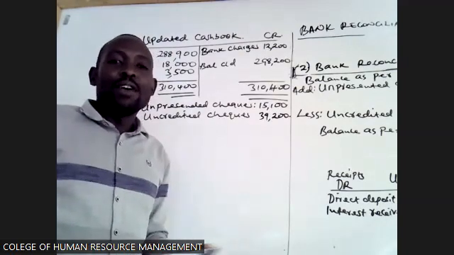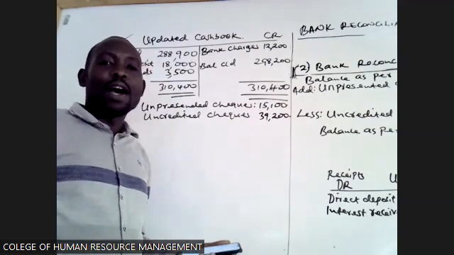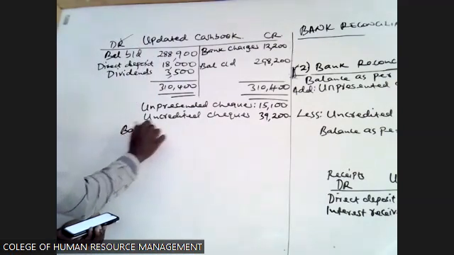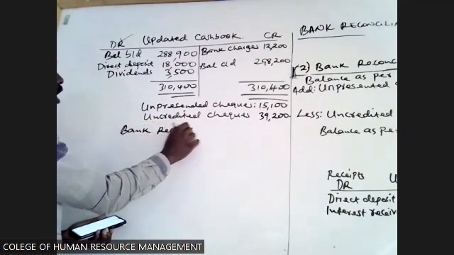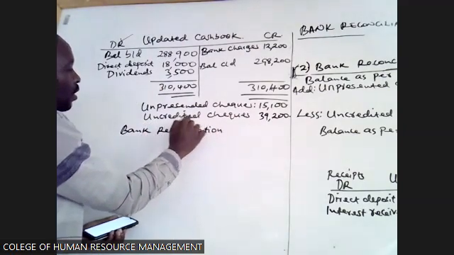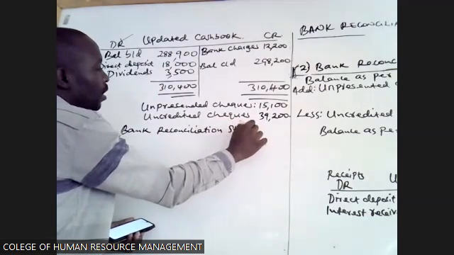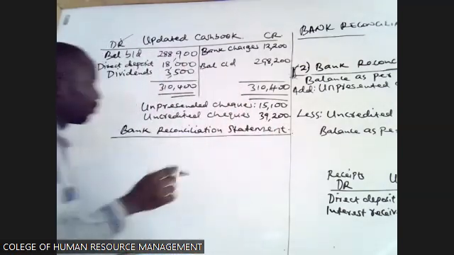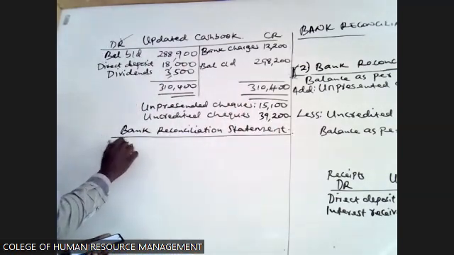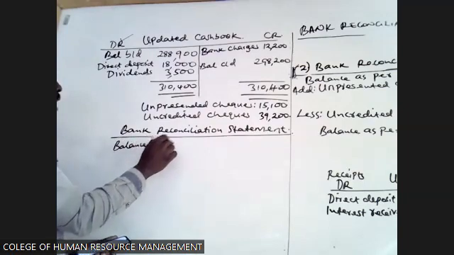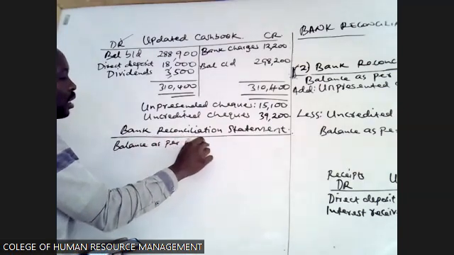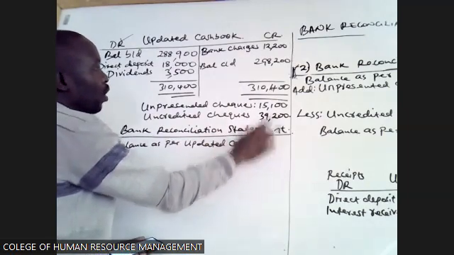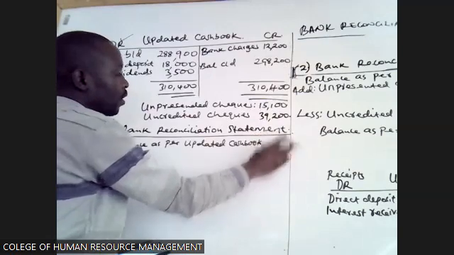Once you have them now, your reconciliation is very possible and very easy. Bank reconciliation statement. Balance as per updated cash book. We got 298,200.